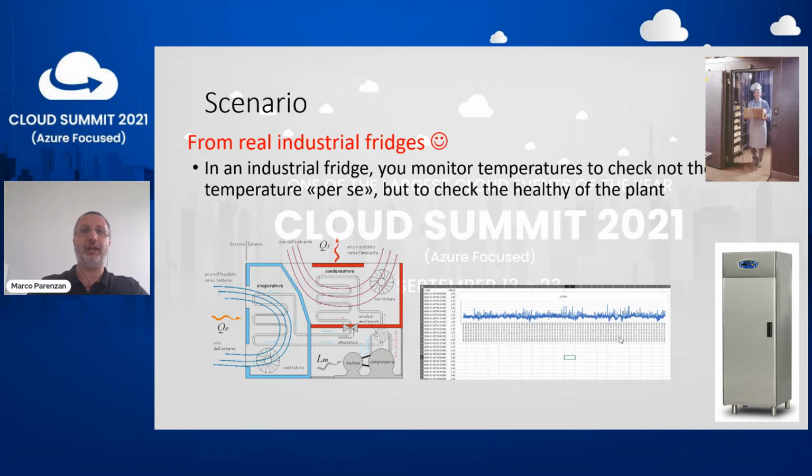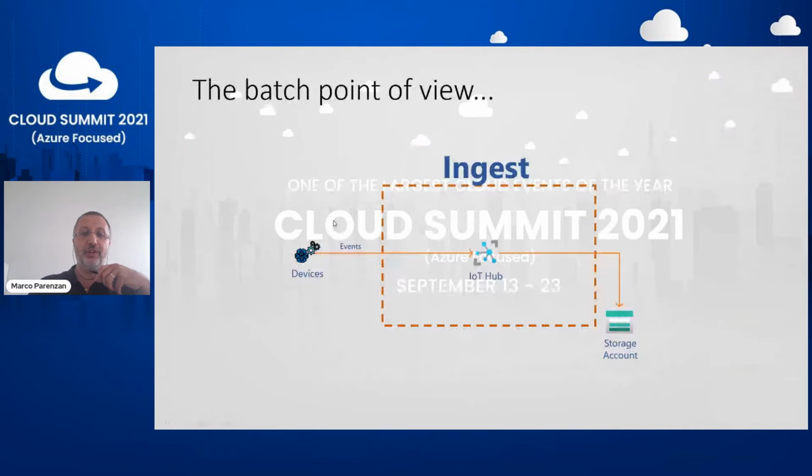For example, if you speak about real industrial fridges in which you monitor temperature, because you have a condenser where you have to exchange heat, and you have to monitor if the temperature goes away from the correct range. So again, it's not just play. Temperature is a key measure in the IoT field.